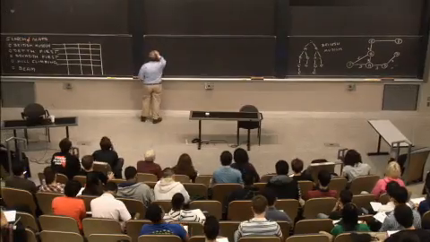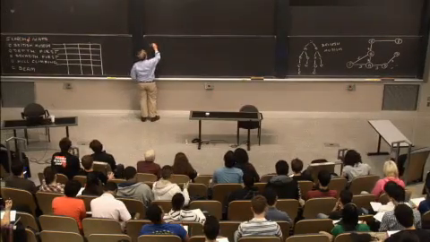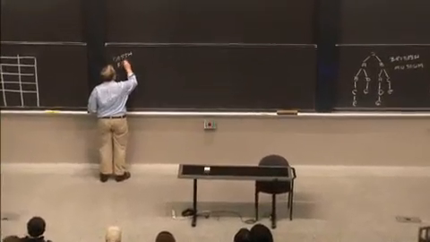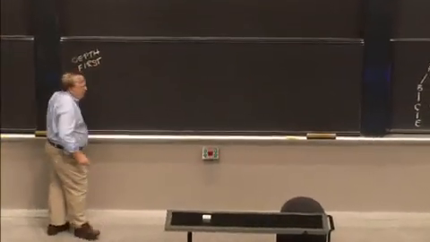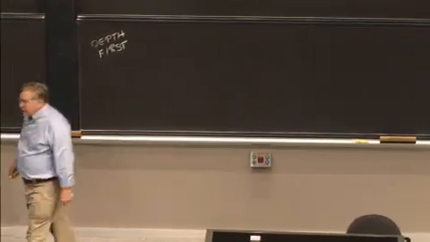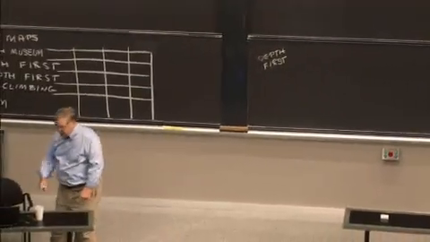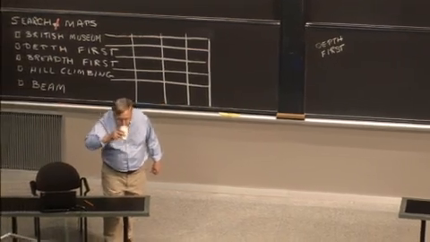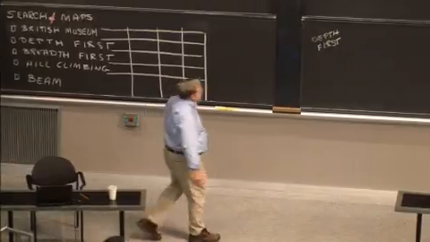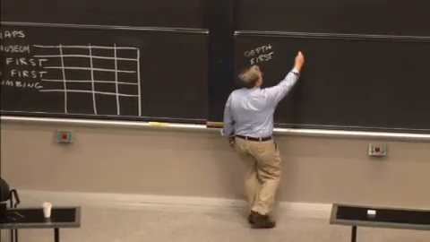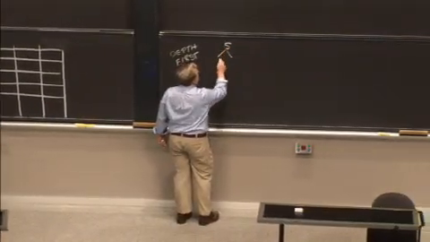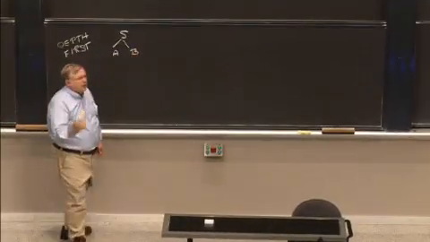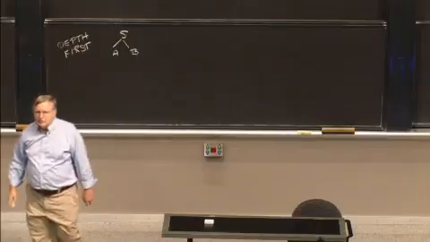So the first kind of search we want to talk about that's real is depth-first search. And the idea of depth-first search is that you barrel ahead in a single-minded way. So from S, your choices are A or B, and you always go down the left branch by convention.